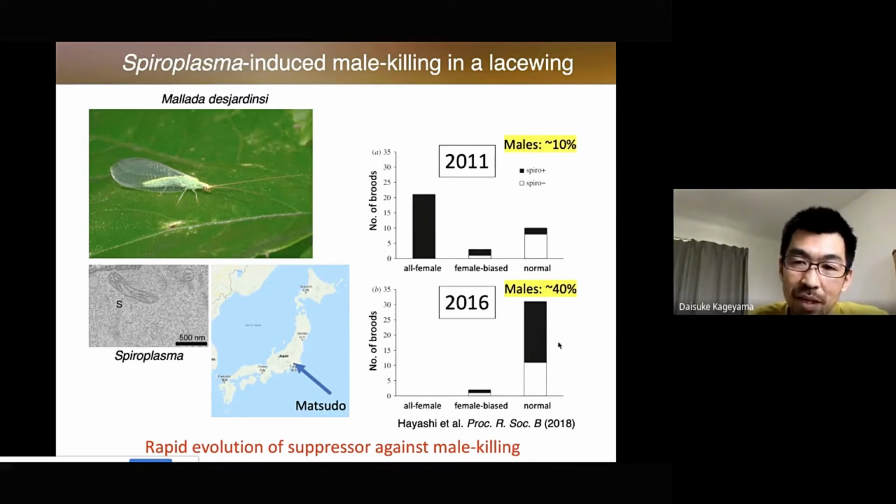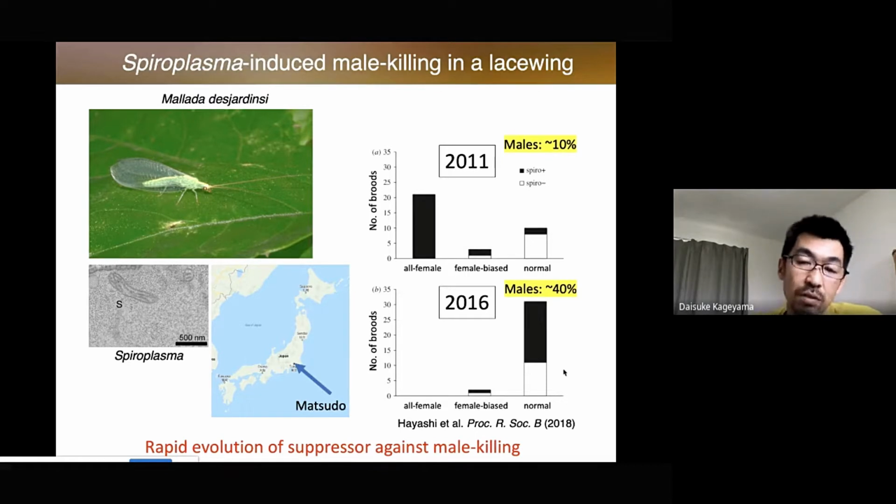Last year we also collected many lacewings from around Japan, and many of them are infected by the spiroplasma, but they consistently produce a 1:1 sex ratio.